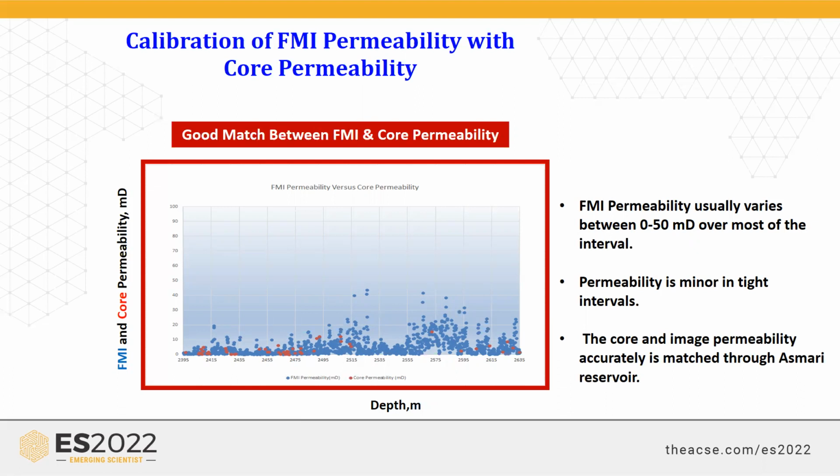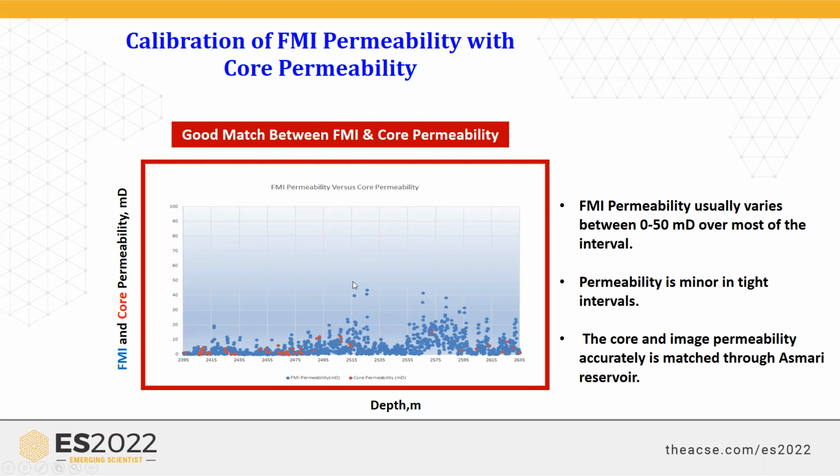So we have just a few core permeability points. The red color is core permeability and the blue color is FMI permeability, and we can see that core and FMI permeability are matching very well.